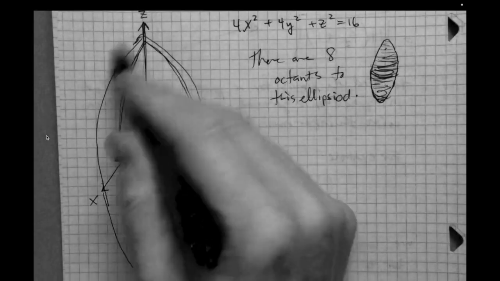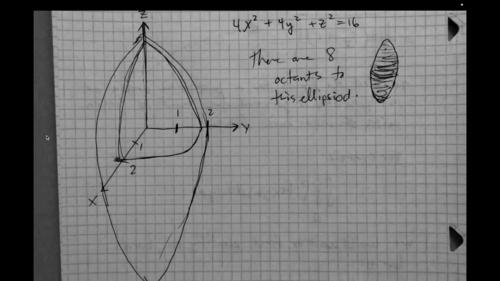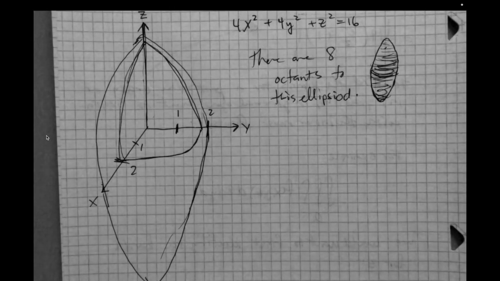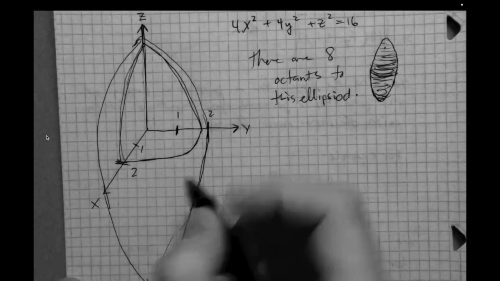It extends, has some height, but it's perfectly symmetrical about the origin in the z direction. Okay, and so for this figure, given that it's symmetrical, we can simplify the calculation by considering just the portion of the ellipsoid lying in the first octant, right? So just this section up here.